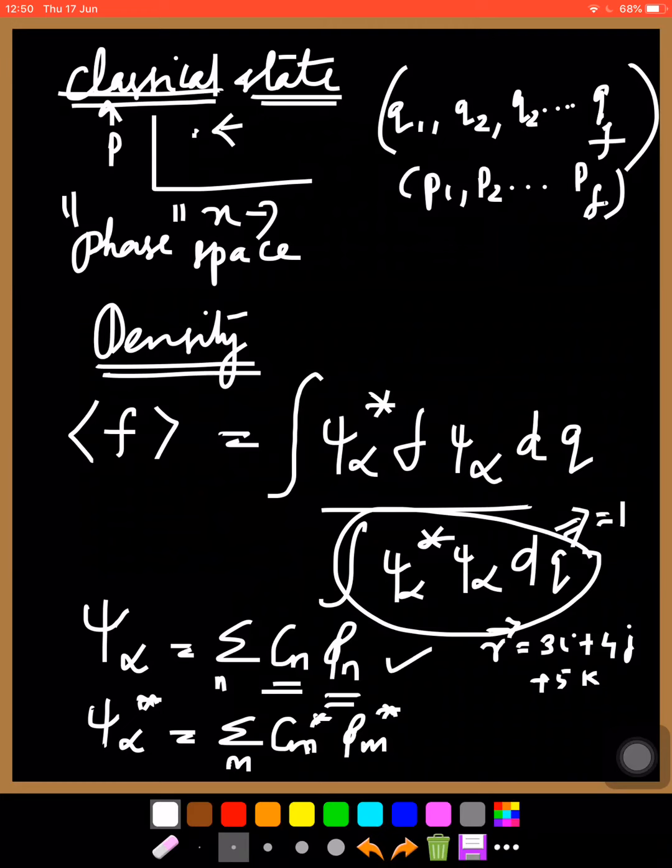And now we are using these two in equation 1.